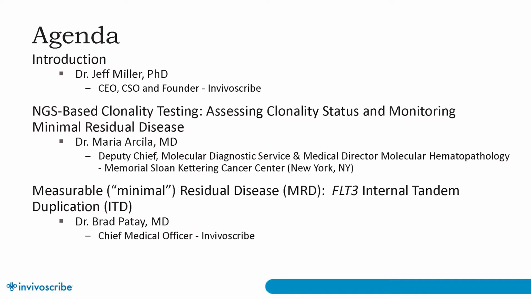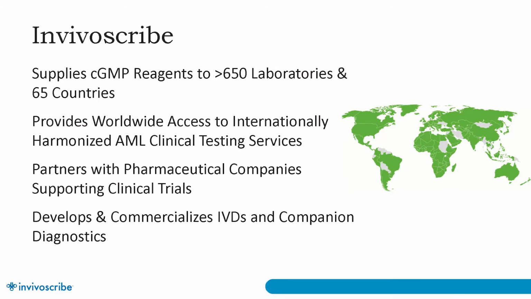So I'm just going to get a very quick overview of the company. We've been around for 21 years. We started as an AMP member. So this is our birthplace, was AMP. We currently supply GMP reagents, ISO 13485 compliant GMP reagents to over 650 laboratories in over 65 countries.